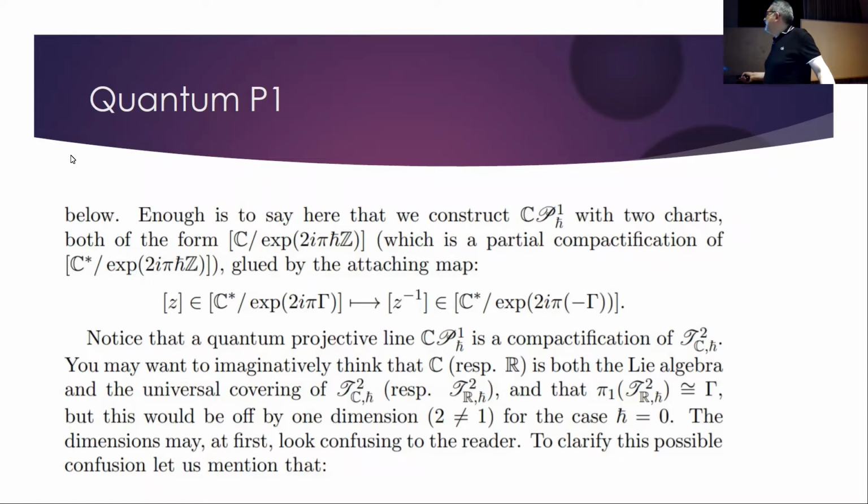So I take this, and this map does make sense at this level. I'll end up with a quantum projective line that is a compactification of this quantum torus.